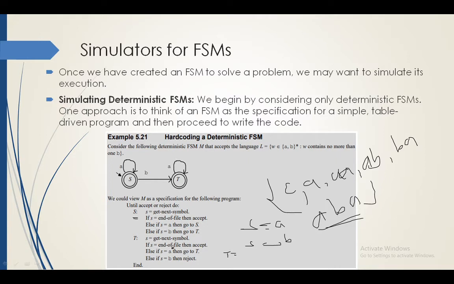If that character is the end of the file, then I will say accept, because this is also a final state. Else, if it is not the end of the file symbol, then I will check whether it is an A symbol or a B symbol. If it is an A symbol, then I will accept and I will move to label T. If it is a B symbol, then straight away I will say it is rejected. So this is about the hard code for a given deterministic finite state machine.